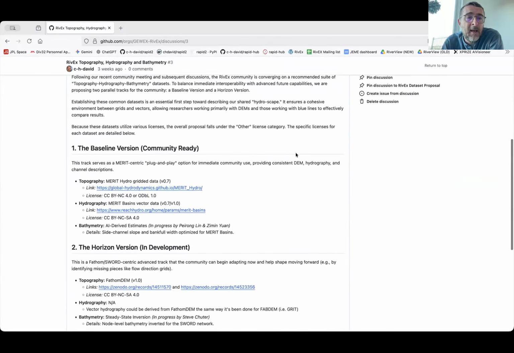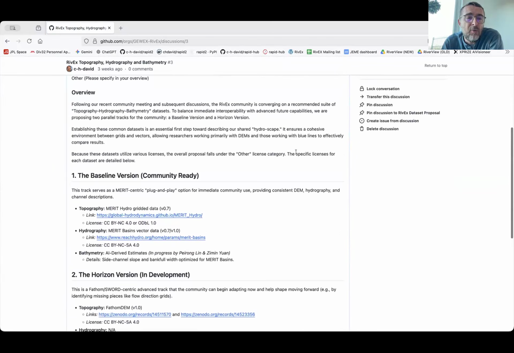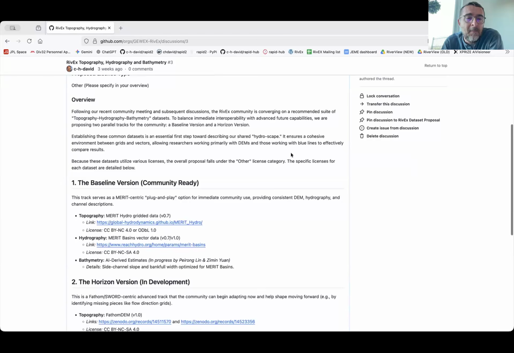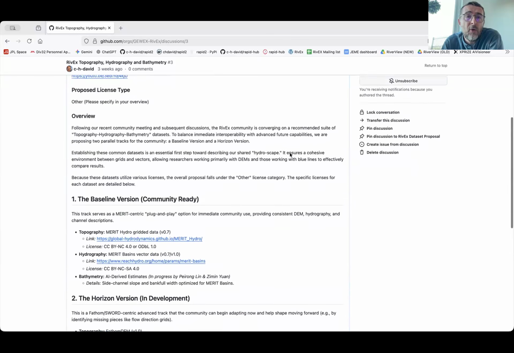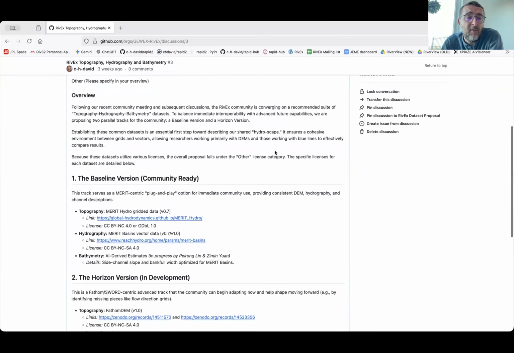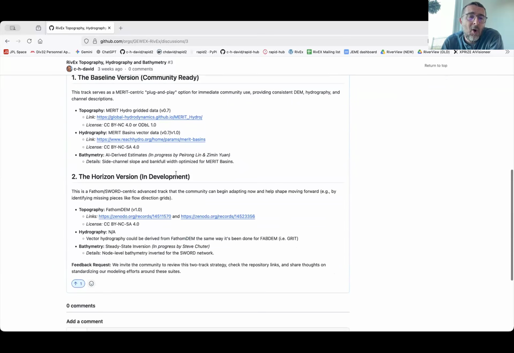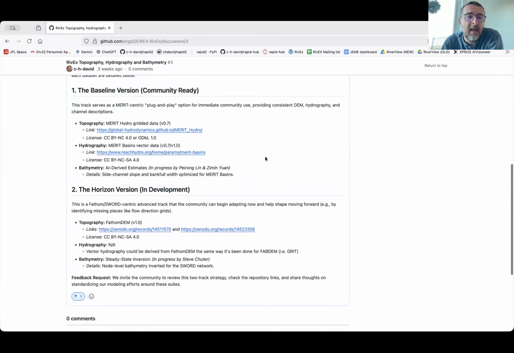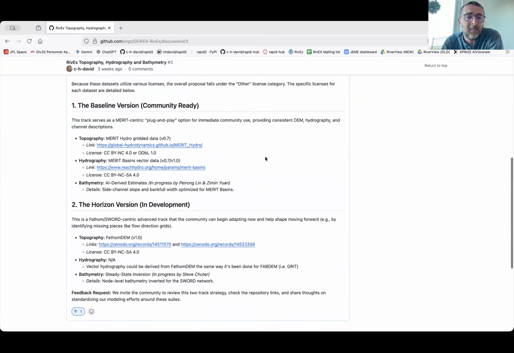We're proposing a baseline version which heavily leverages the Merit Hydro data set together with Merit Basins. We don't yet have bathymetry for that, but we have a plan. And then a longer-term, let's call it a dev version, which would leverage Fathom DEM from the Bristol team.